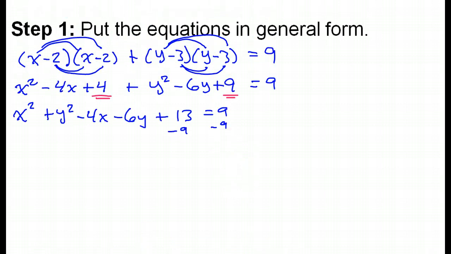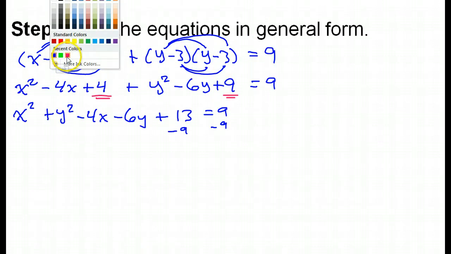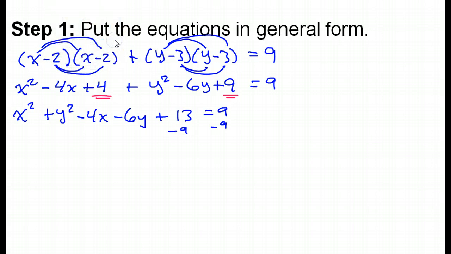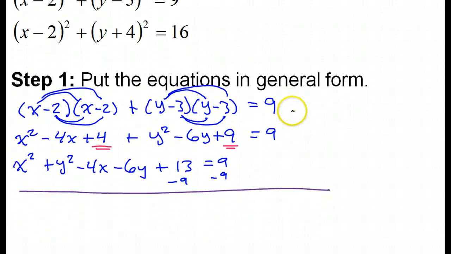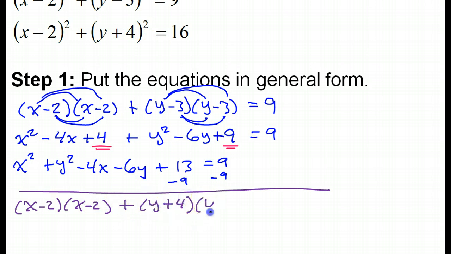I think I'll just switch colors on this one. I'll do purple. So that was the first one. And here is the second one. Again we've got x minus 2 twice, and then we've got y plus 4 twice, and that equals 16.